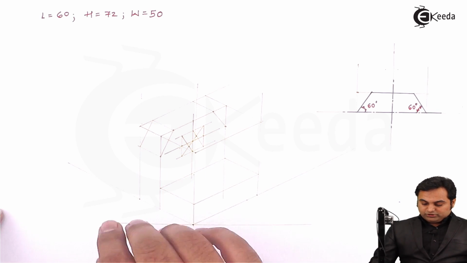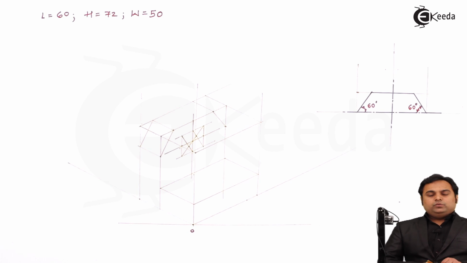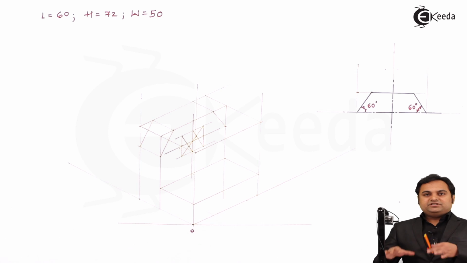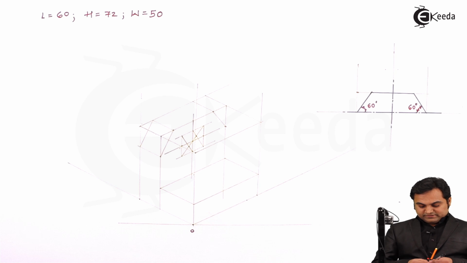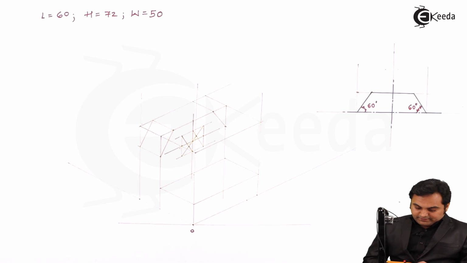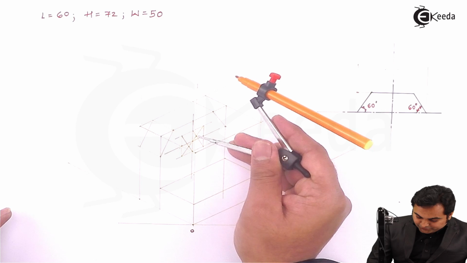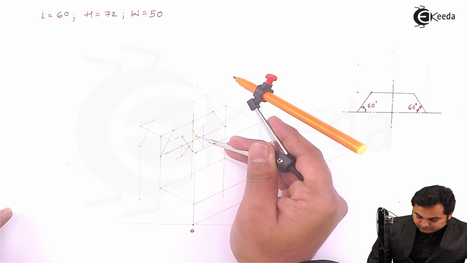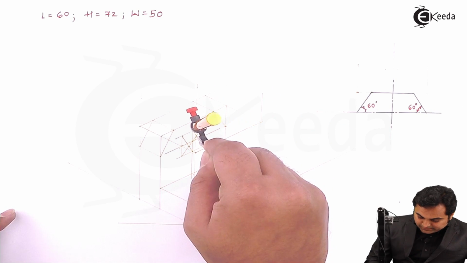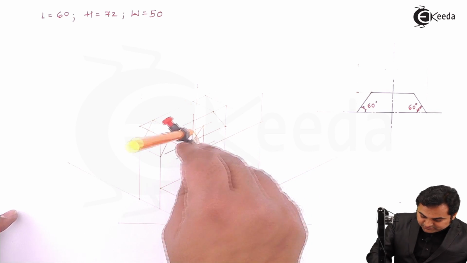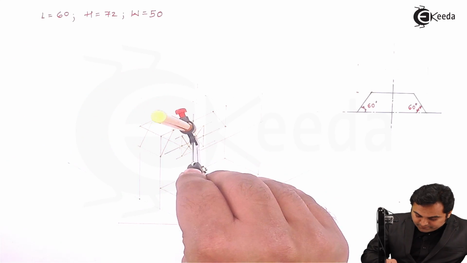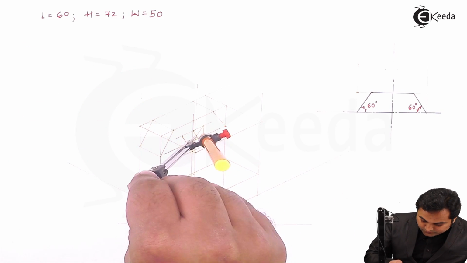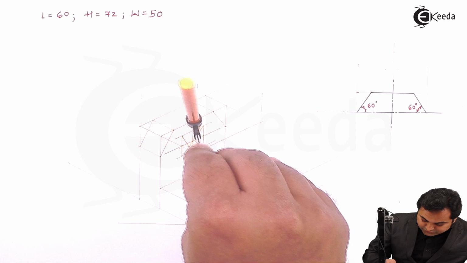So next I am going to draw the circular part. In isometric projections, this is the way in which a circle should be drawn. I'll explain that method. Take this center point and adjust this radius. With the help of a light arc, join these 2 points.